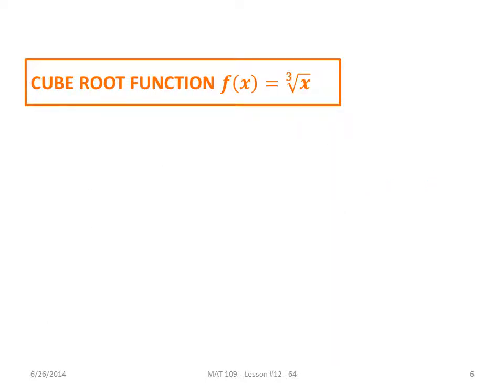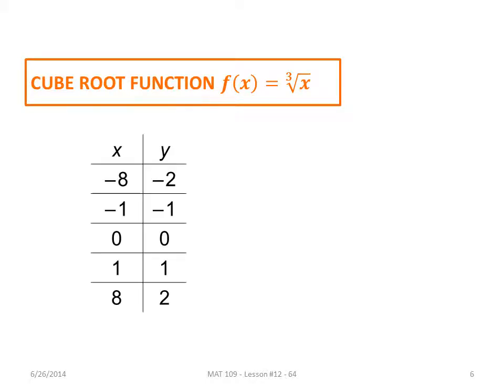The next function we're going to look at is the cube root. Because odd index roots can always have a negative radicand, because if we take a negative radicand and raise it to an odd power, we will get a negative number.